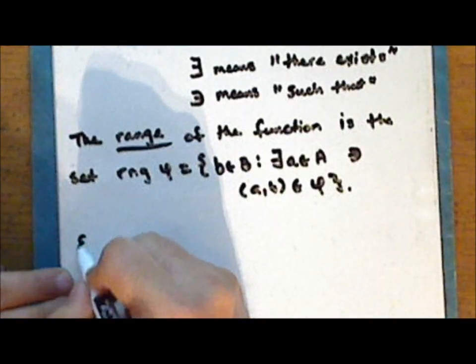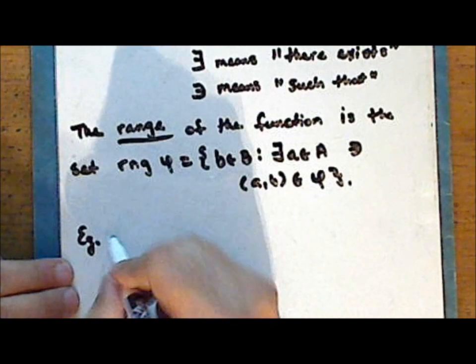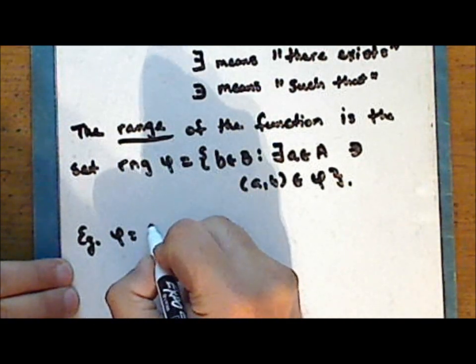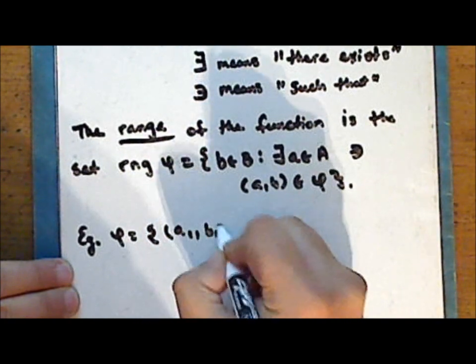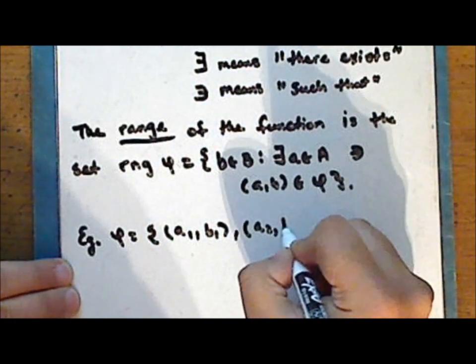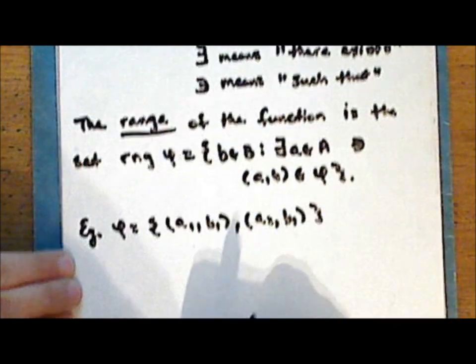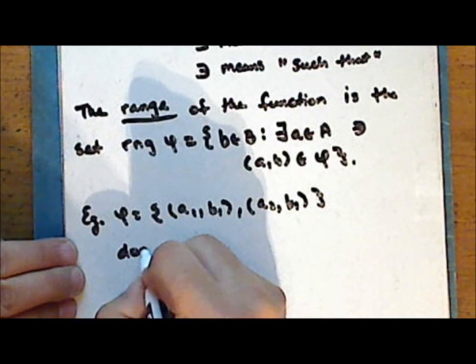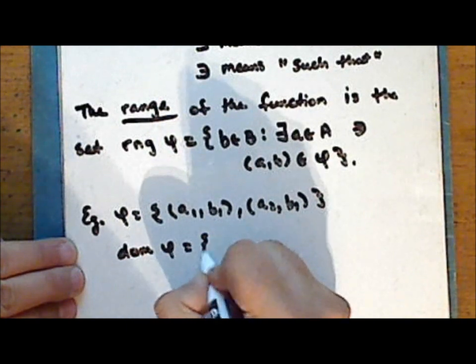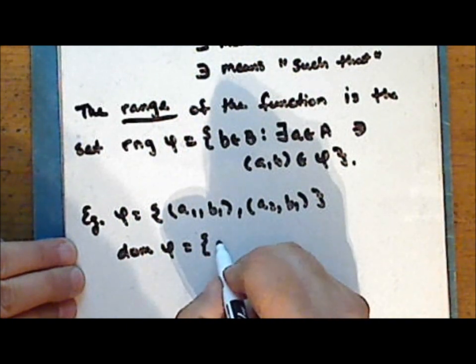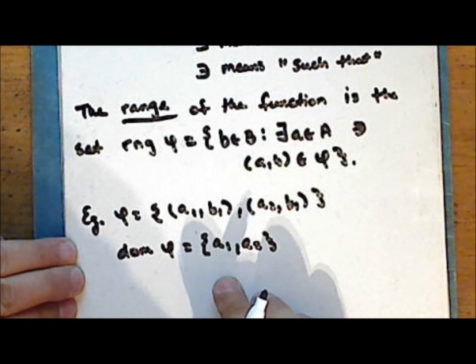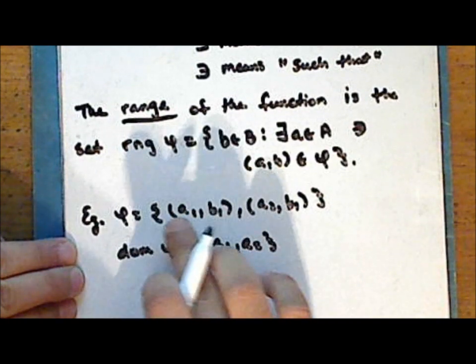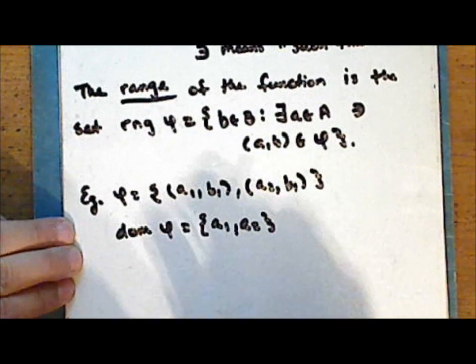So using the example function that contains the two ordered pairs, A1, B1 and A2, B1, the domain of this function is the set which contains the elements A1 and A2, because these are the elements in the first set for which there exists an element in the second set, such that the ordered pair is in the function.